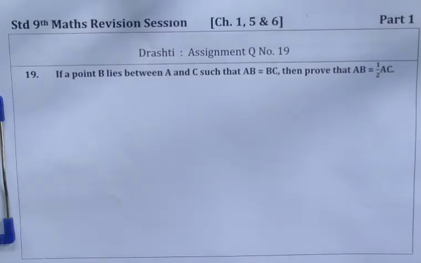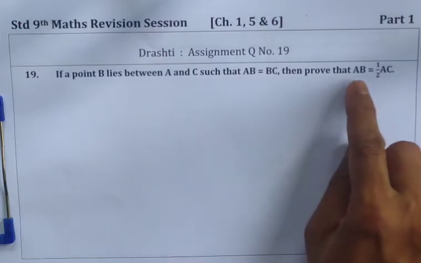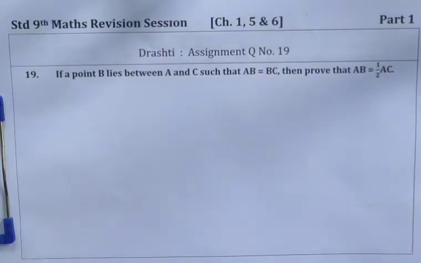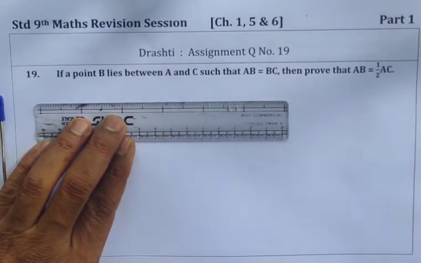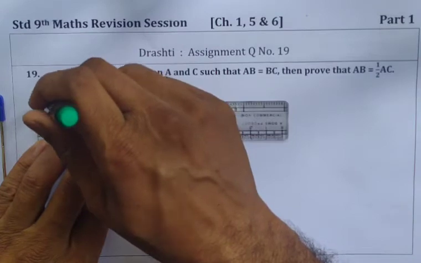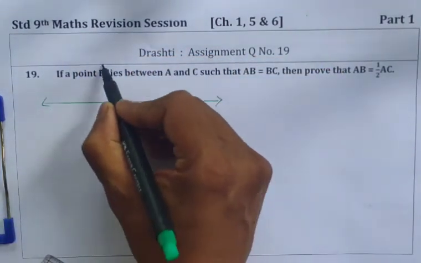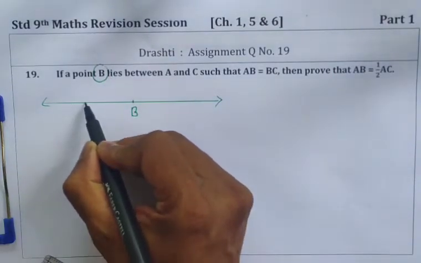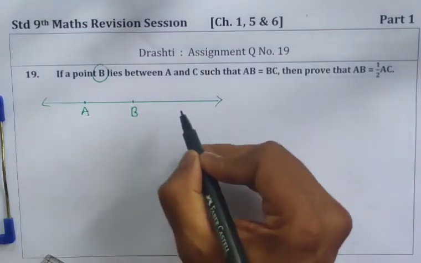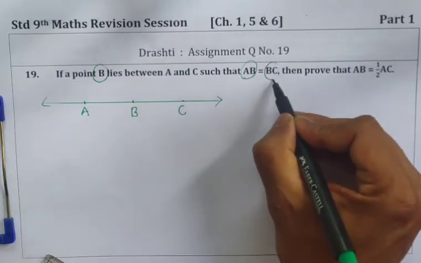If a point B lies between A and C such that AB equal to BC, then prove that AB is equal to half of AC. There is a point B lying between A and C. So let me draw a line first. This is one line. B lies between A and C. So B is here between A and C such that AB is equal to BC.